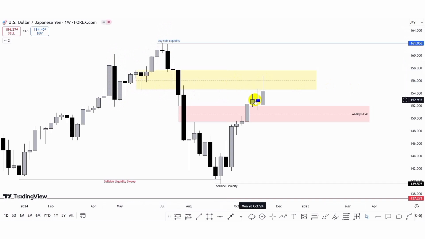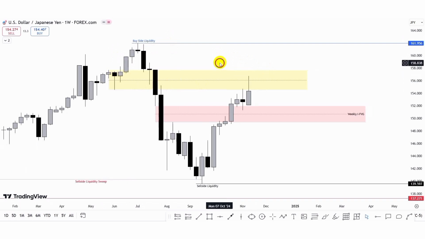So we can see how price returned and then faced rejection at this particular down close candle before the bullish continuation that took out this high points. Now we can see price respecting the main threshold. So we have this as our buy side liquidity. This is our draw on liquidity, and we have also this fair value gap.